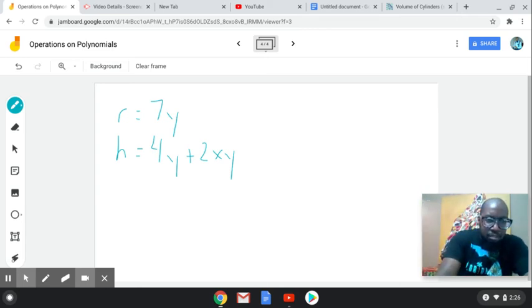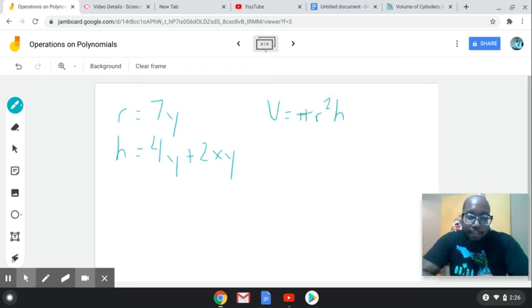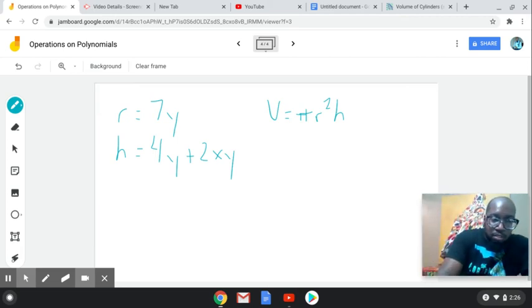Okay. So the volume of that one, again, the formula for volume is V equals pi r squared times h. Right. Again, don't worry about pi. We'll leave pi just as its own. Okay. So this is going to be V equals, you know what?